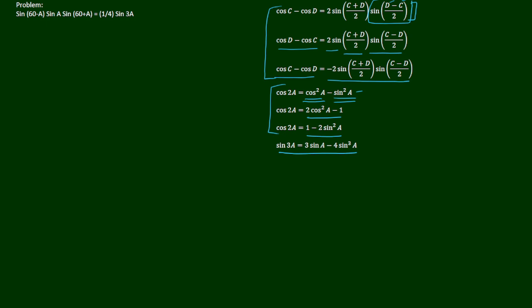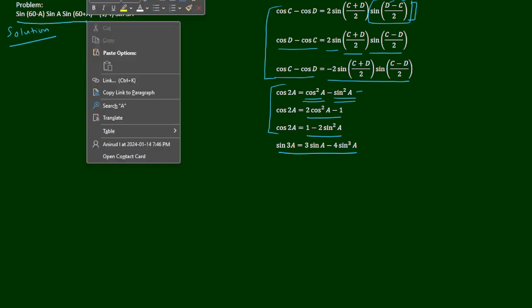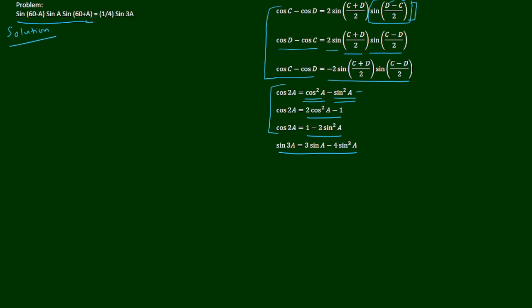So let's get to the problem solving here. Let's write it down as sine 60 plus a, sine 60 minus a, sine a. Let's just take the left hand side and try to see whether we can get to the right hand side.